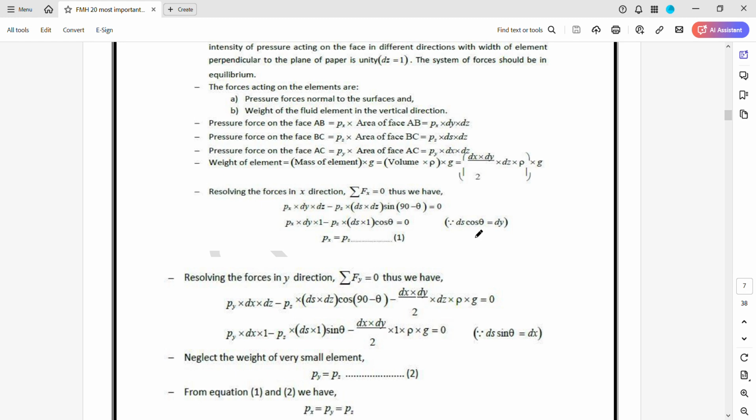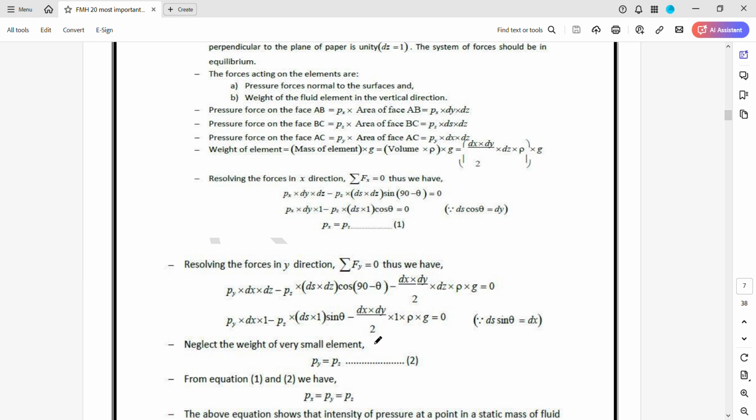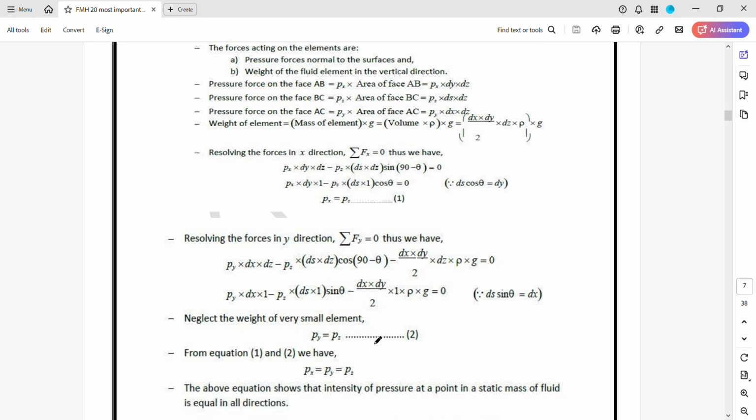Resolving this equation, we have Py into dx into 1 minus Pz ds into 1 sin theta minus dx into dy by 2 into 1 into rho into g is equal to 0. ds sin theta is equal to dx. So neglecting the weight of the very small element, we find Py is equal to Pz.